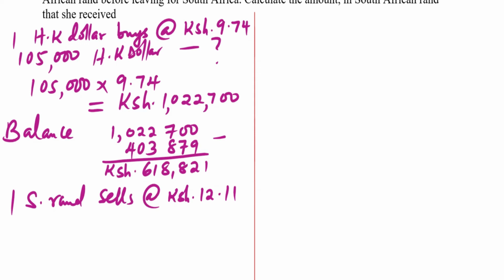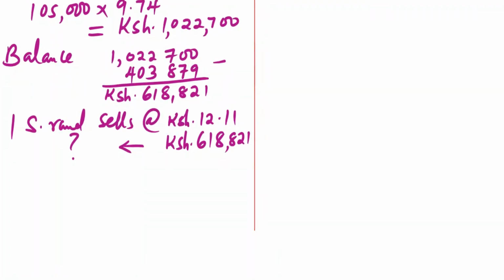This is the amount that she wants to sell to the bank to get the South African rand. She wants to sell Kenyan shillings 618,821. So how many South African rand does this get? To get this, we shall divide: 618,821 divided by 12.11.